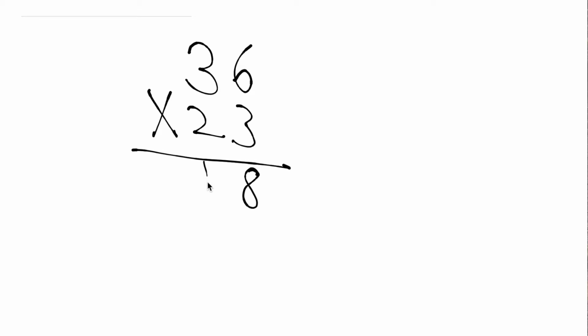We put 1 here. And then we put 3 times 3 is 9. So 9 plus 1 is 10. So we just remove this right here and keep 10 right here.